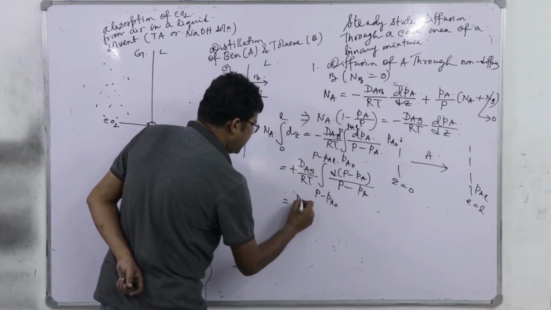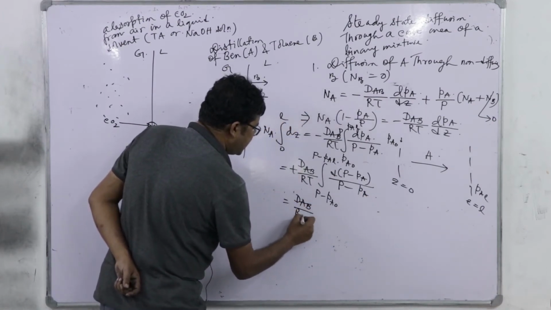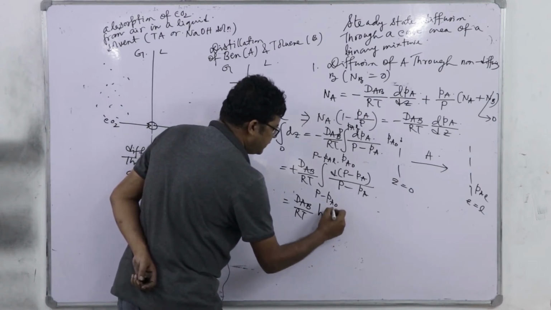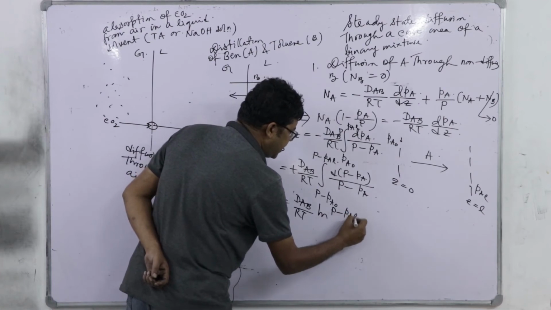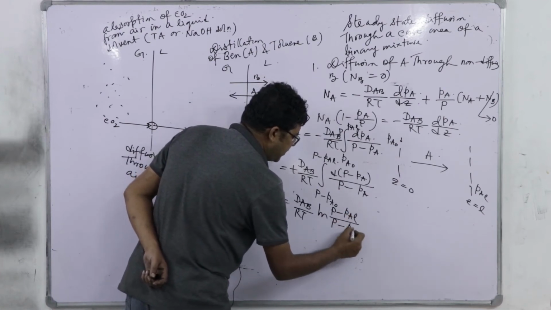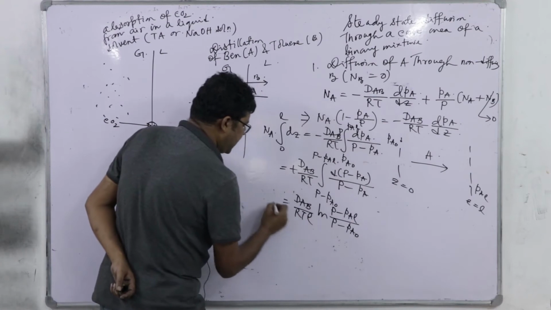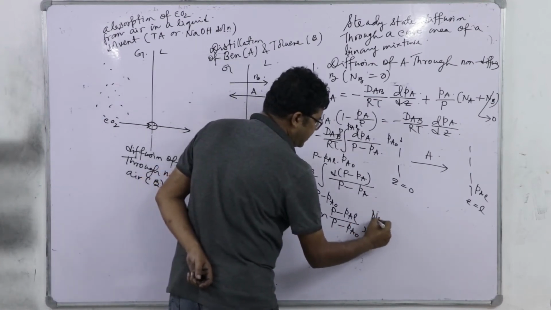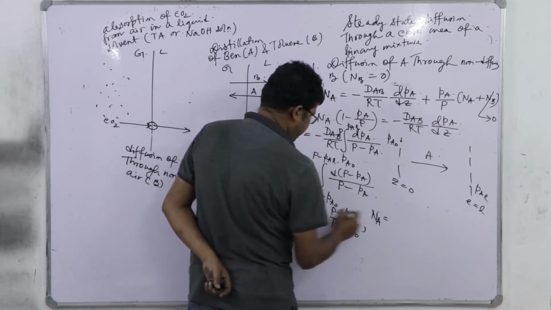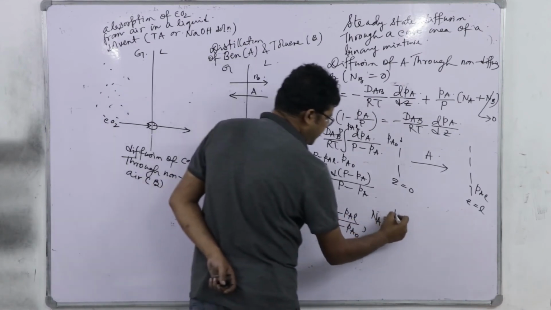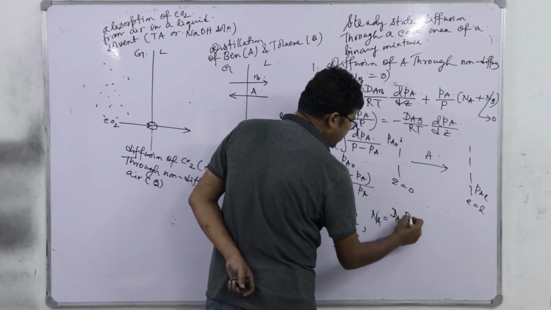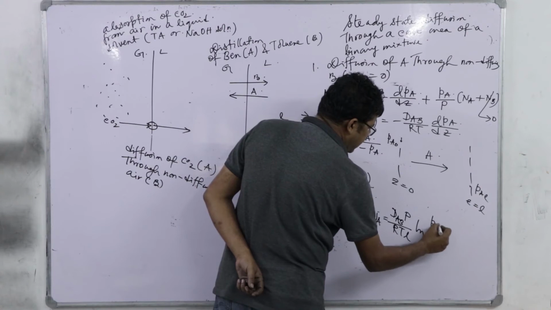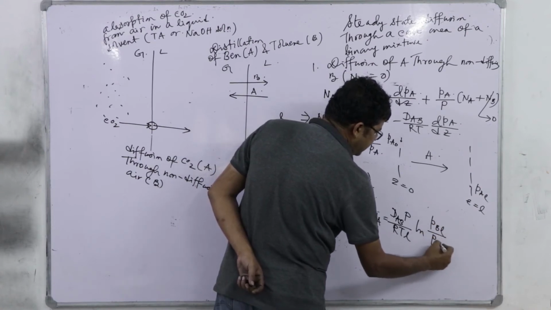So, it is DAB by RT into ln of P minus PAL divided by P minus PA0, by L. If I write, this becomes Na. So, Na is equal to, you see there will be another P here, DAB into P divided by RTL ln of PBL by PB0.